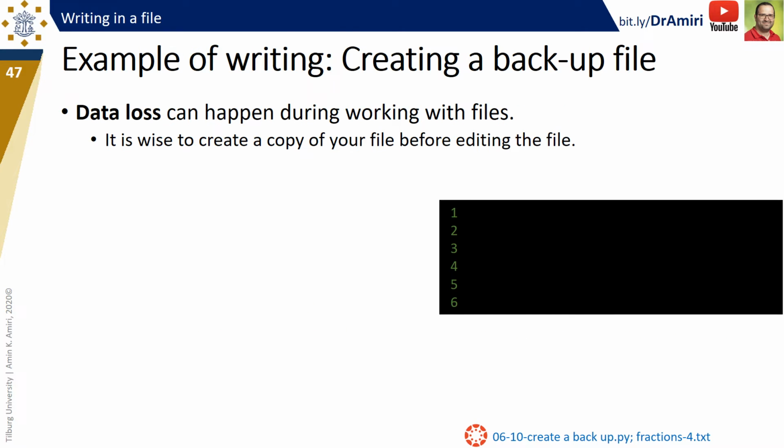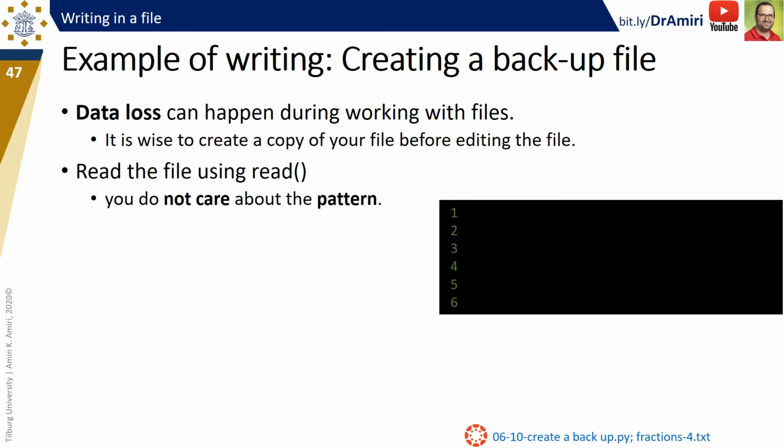Creating a backup file is an example of using the write method of opening the file in Python. We all know that data loss can happen while working with files, so it's always wise to create a copy of your file before changing or editing it in any way.